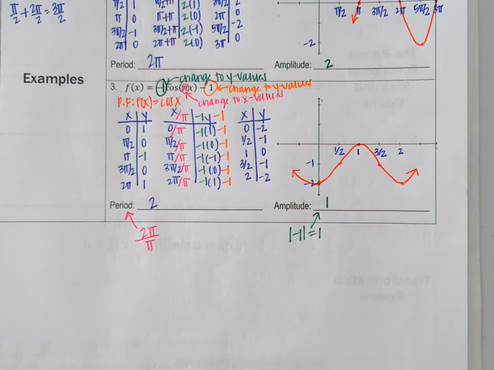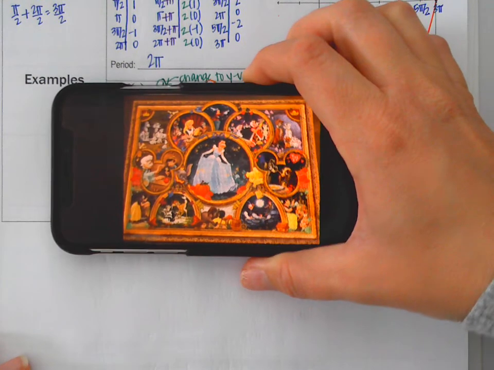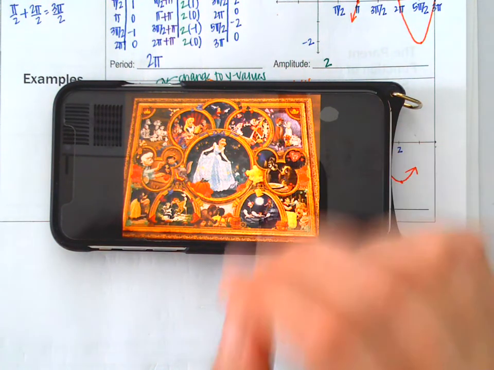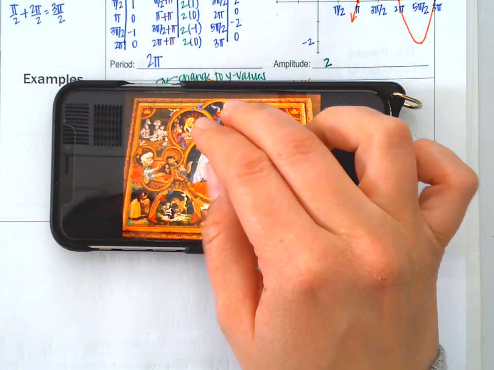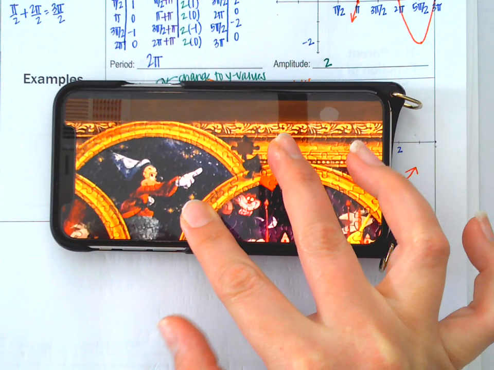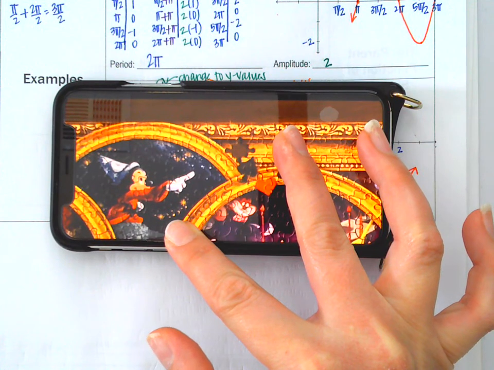So my final thing: last night, I finally finished my next puzzle. And so I'll show you the final product. So here's the final product. And if we look really closely at the final product, we notice this sad spot.